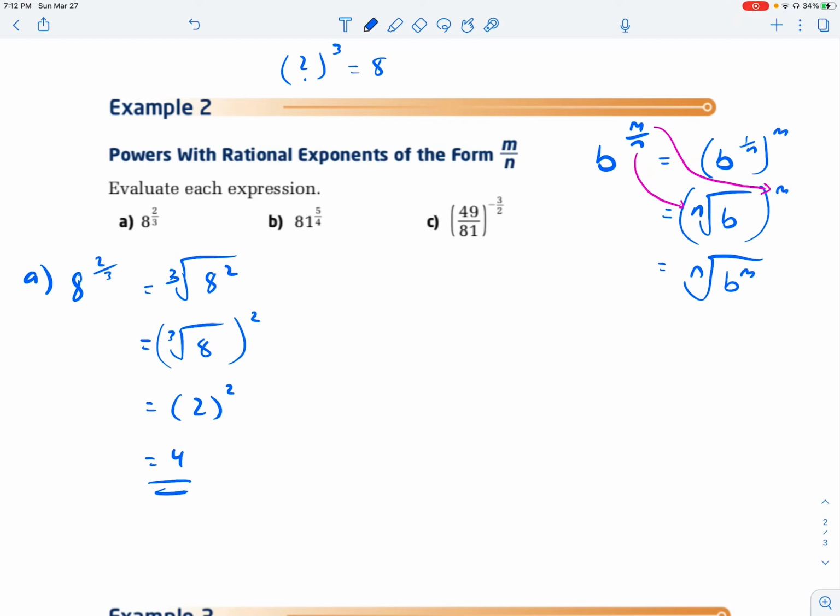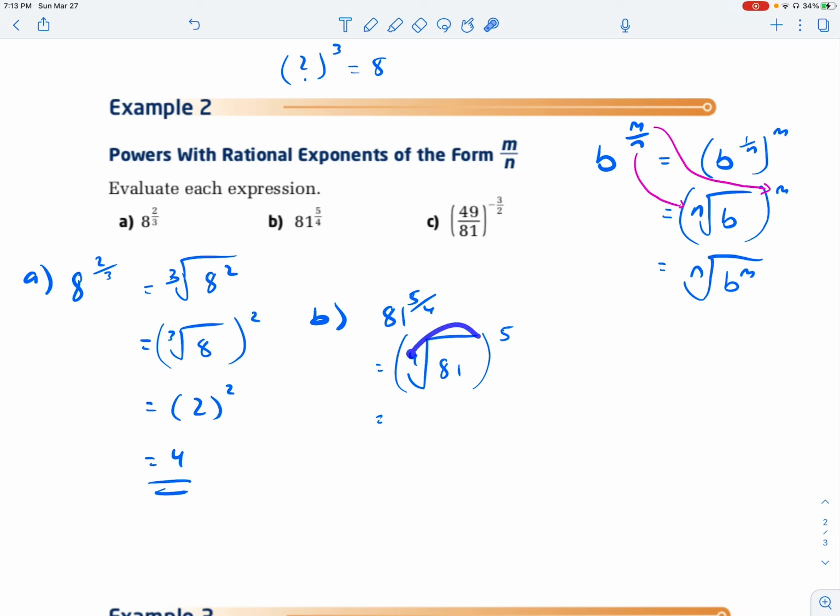All right, part B. I'll probably have to compress this afterwards, so I'm just going to write big for now. So 81 to the 5 over 4. What that means is I have to take the fourth root of 81 and then raise that to the exponent 5. I like to keep the exponent out and not put it inside, because 81 to the exponent 5 is too big for me to do in my head.